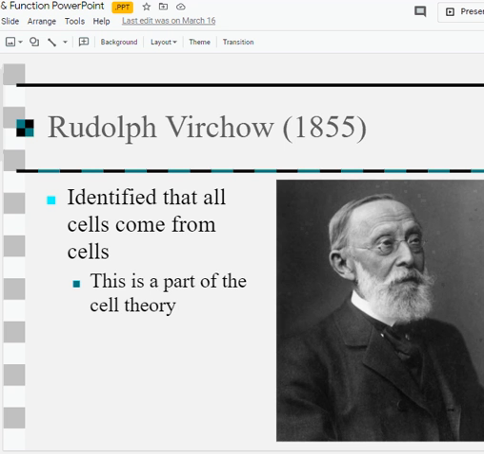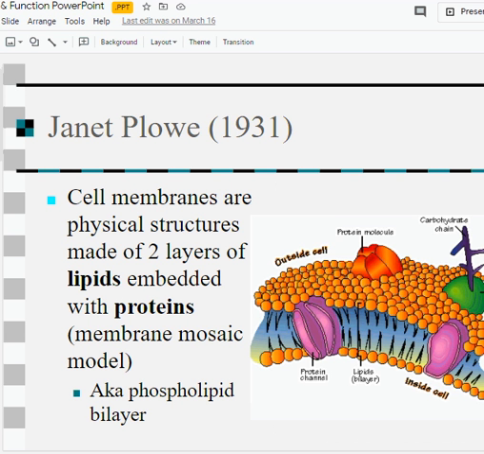But more modern science is being done by females than ever was done before, and it's important to recognize that. Janet Plowe in 1931 was able to identify the actual structure of cell membranes, which we identified earlier in our course as being a phospholipid bilayer.